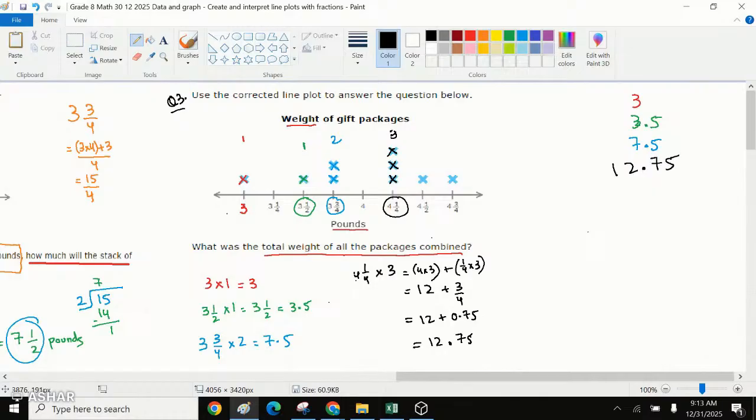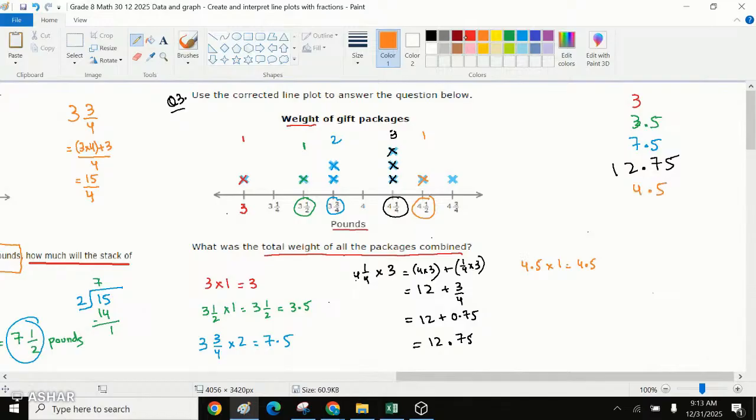Then we look at another package that is 4.5 kilograms, and there was a single package. So that means the weight stays as 4.5.